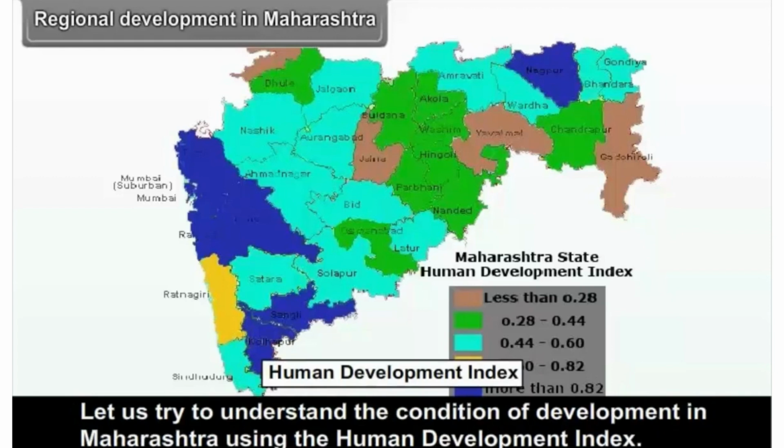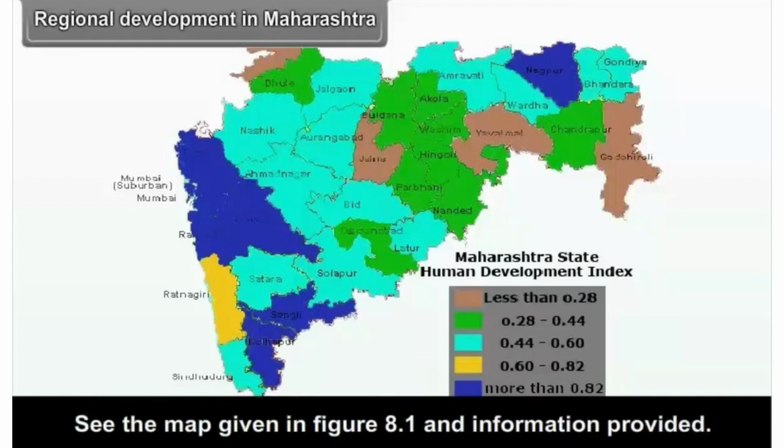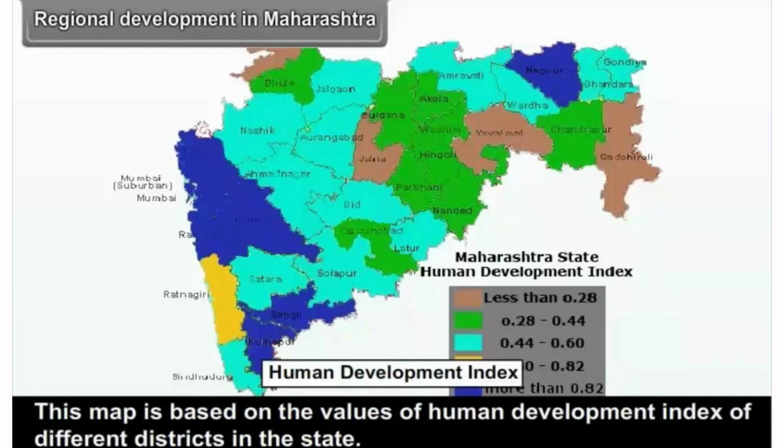Let us try to understand the conditions of development in Maharashtra using the Human Development Index. See the map given in figure 8.1 and the information provided.